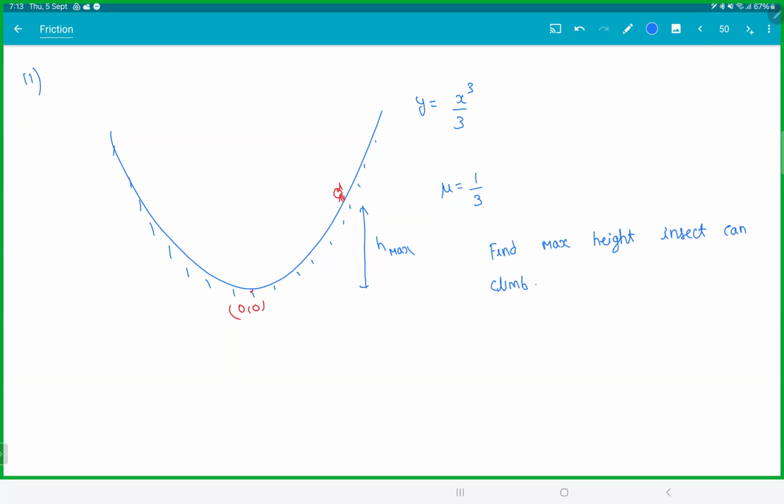1 by 9 root 3. We have one answer. Anyone else? Try. I'll give another 30 seconds.